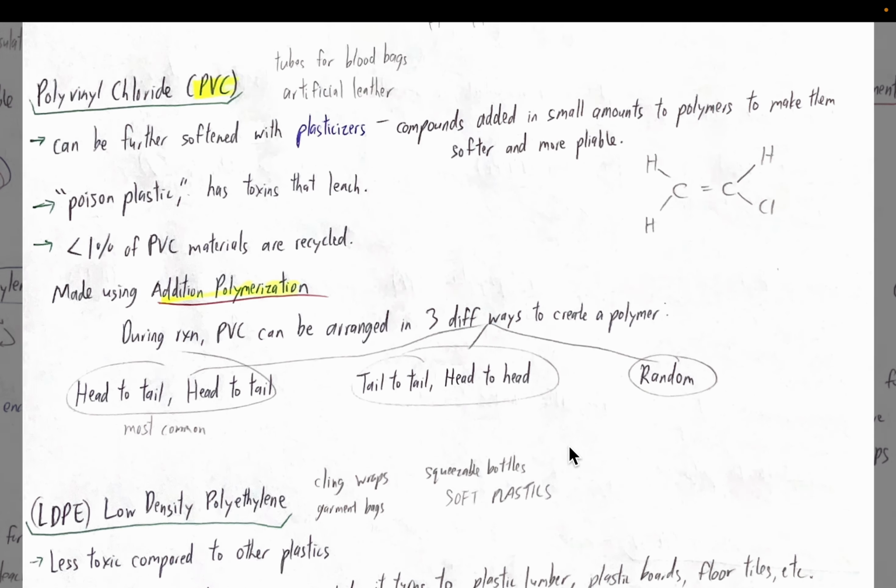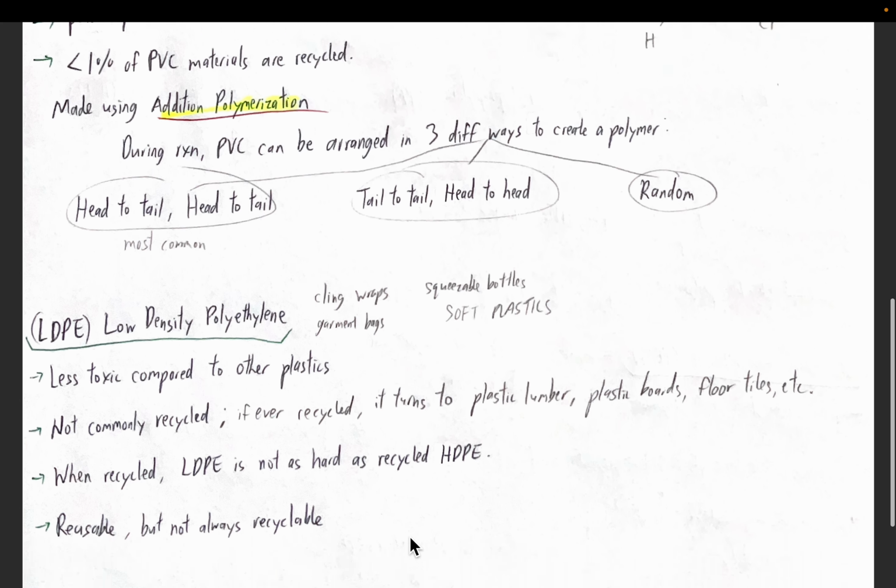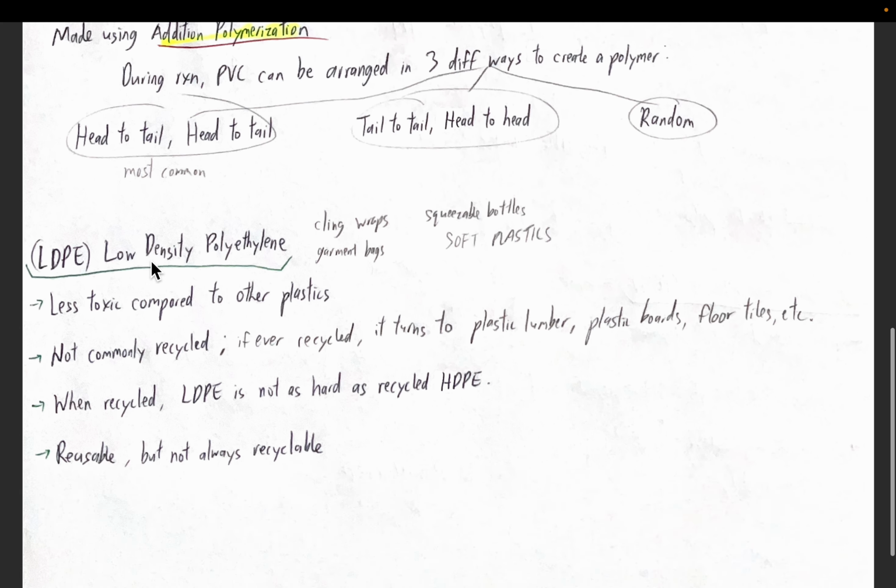Next is LDPE, or low density polyethylene. So this is used in cling wraps, garment bags, squeezable bottles, and soft plastics. One thing you have to know though is that LDPE, in comparison to HDPE, cannot be microwaved.